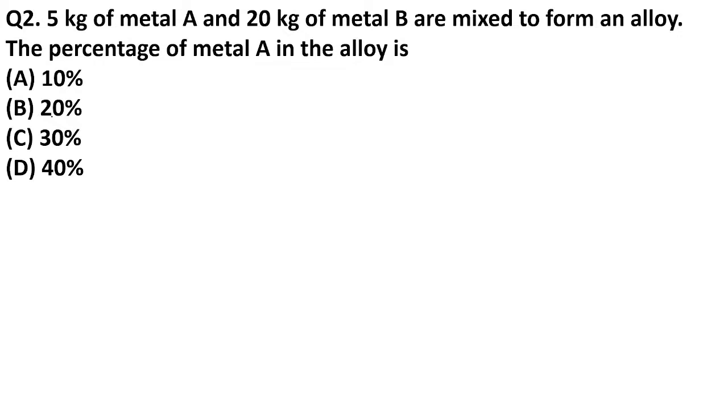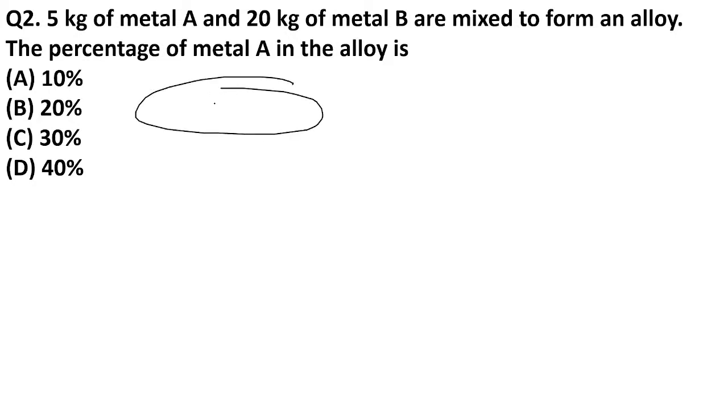Okay, clear question? What should be the answer of this question? Metal A is how much? 5 kg. Metal B is how much, student? It is 20 kg. What is an alloy, students? Can anyone tell me? Chemistry students know this.